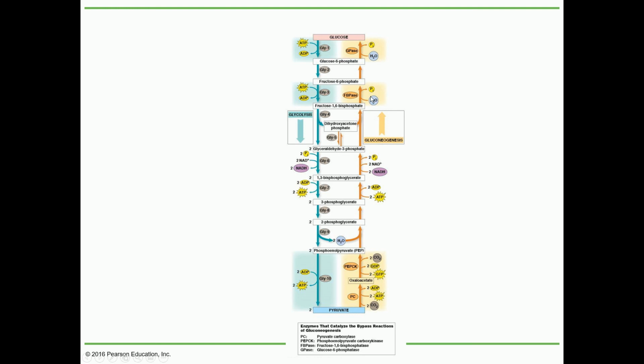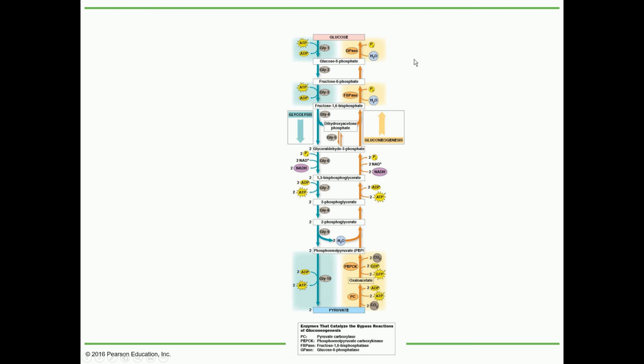This is a little different from glycolysis. This step is also different: glucose 6 phosphate is converted into glucose with the help of the enzyme glucose 6 phosphatase. Here again there is a loss of phosphate.